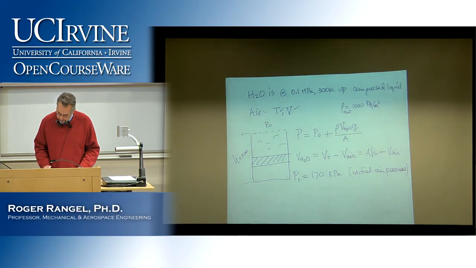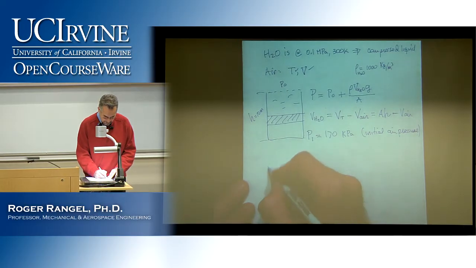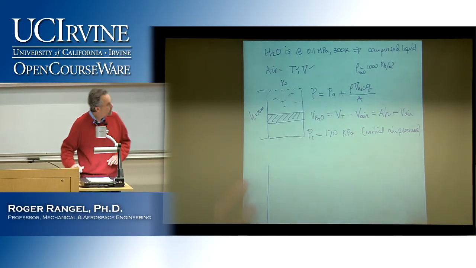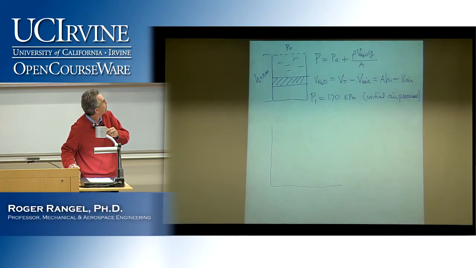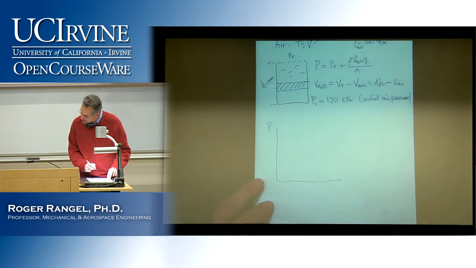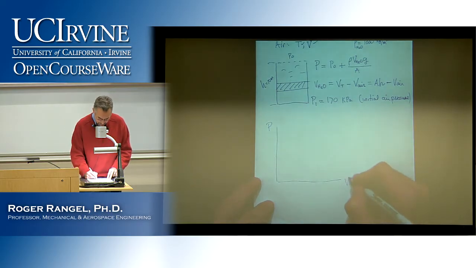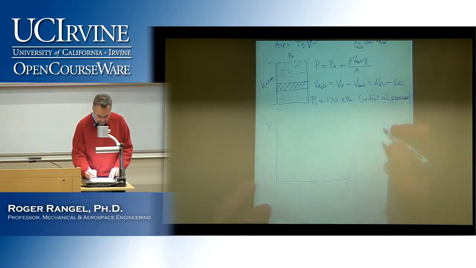Now one thing that we're going to have to figure out is what the PV diagram looks like. So if I plot P and capital V for the air, this is a PV diagram for the air.